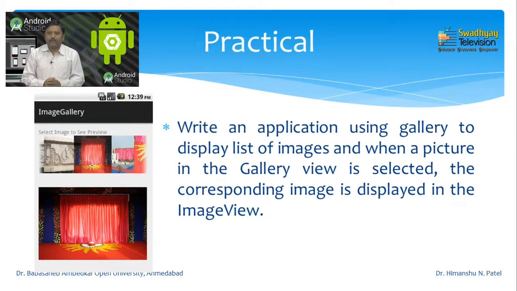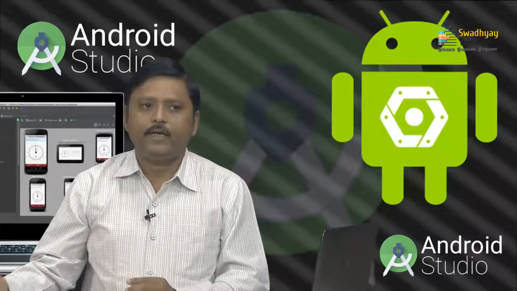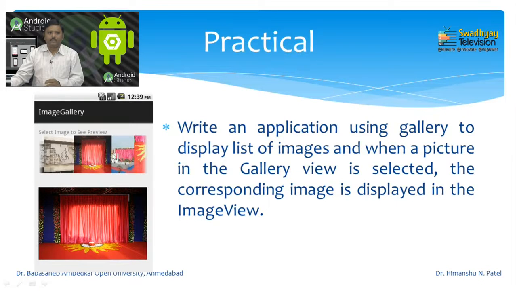Today we are going to write one application using gallery to view a list of images inside gallery view, and when a picture in the gallery view is selected, the corresponding image is displayed in the image view displayed below. Here on screen you can see, if you follow the mouse pointer, this is our gallery view.